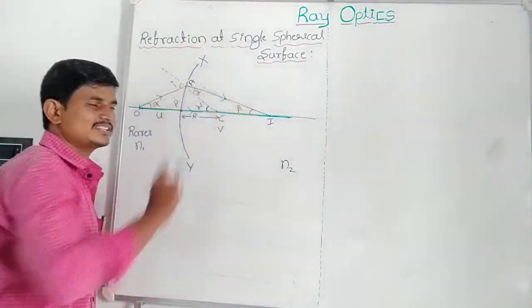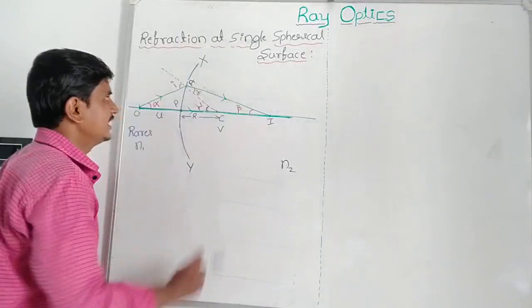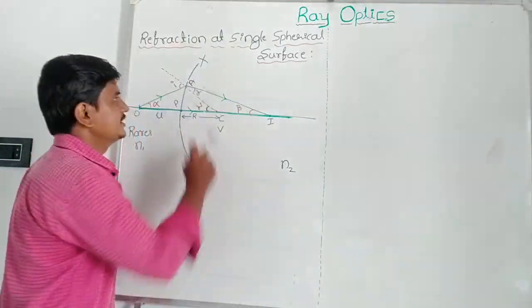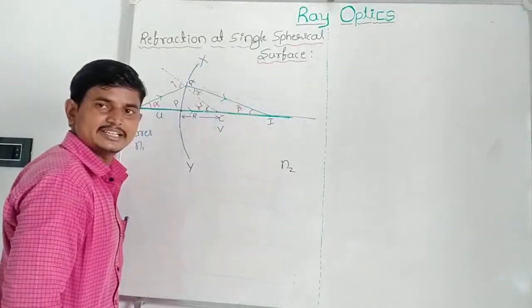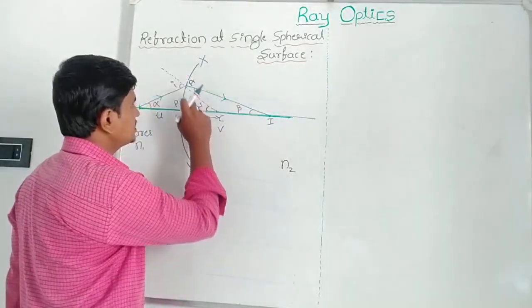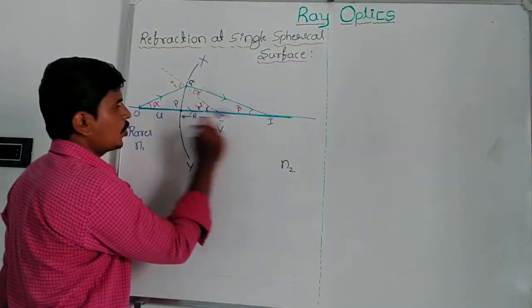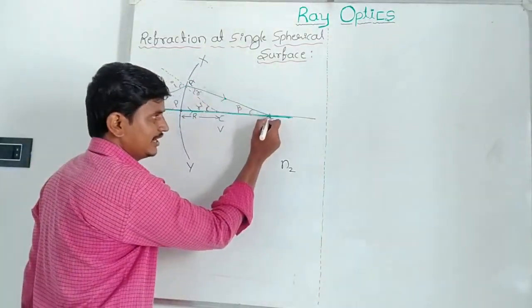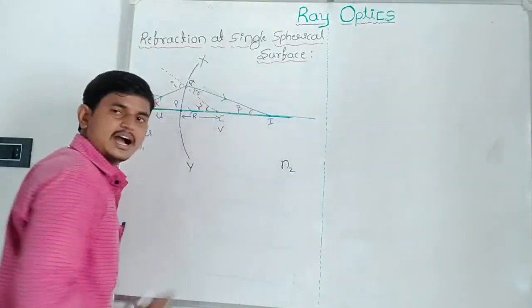This line is the normal to the surface XY. Refraction takes place, and the ray travels as AI. AI is the refracted ray, and these two rays merge at a single point, which we take as I.